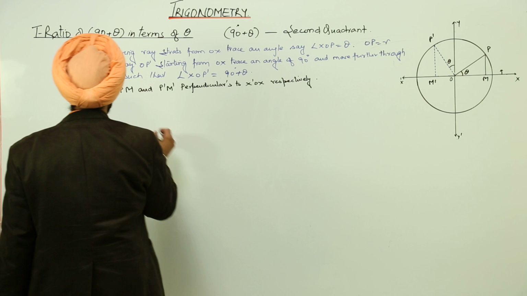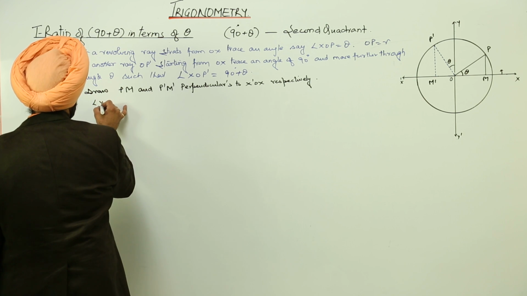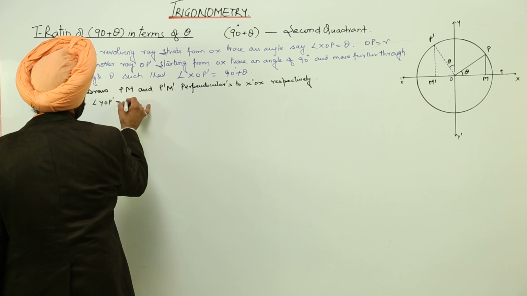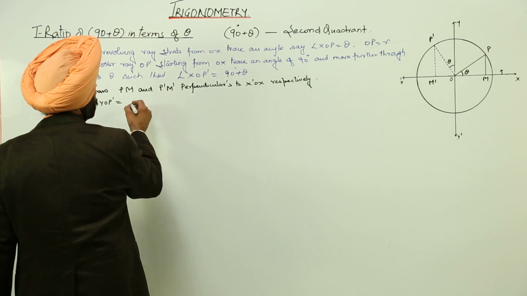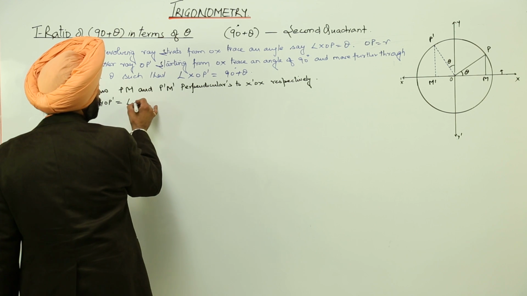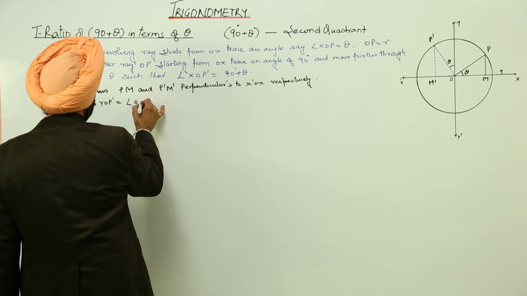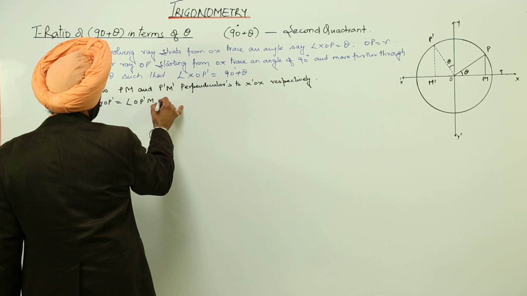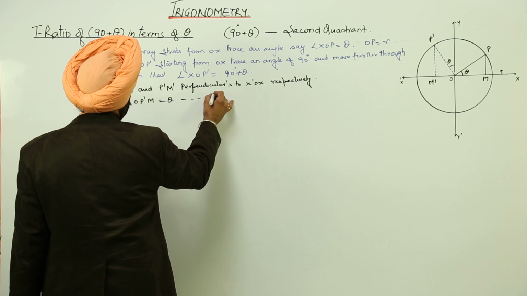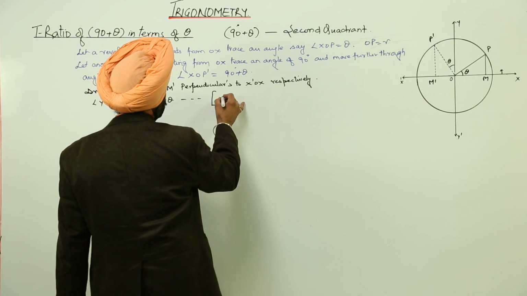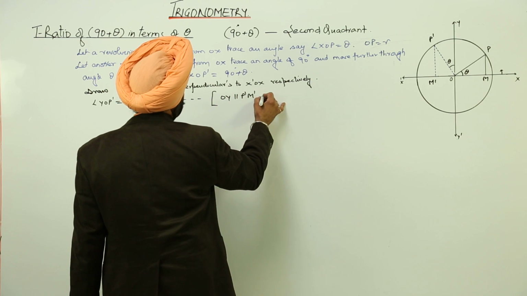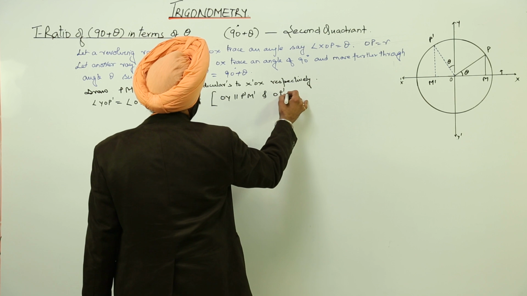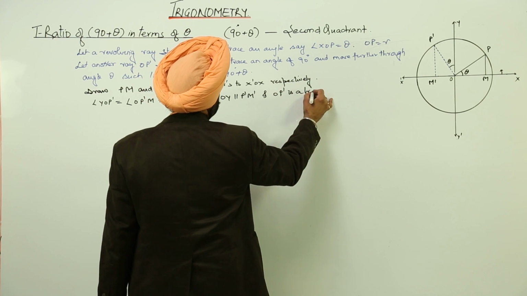Now angle YOP dash is equal to angle OP dash M, which is equal to theta. Now what is the reason? OY is parallel to P dash M dash and OP dash is a transversal.